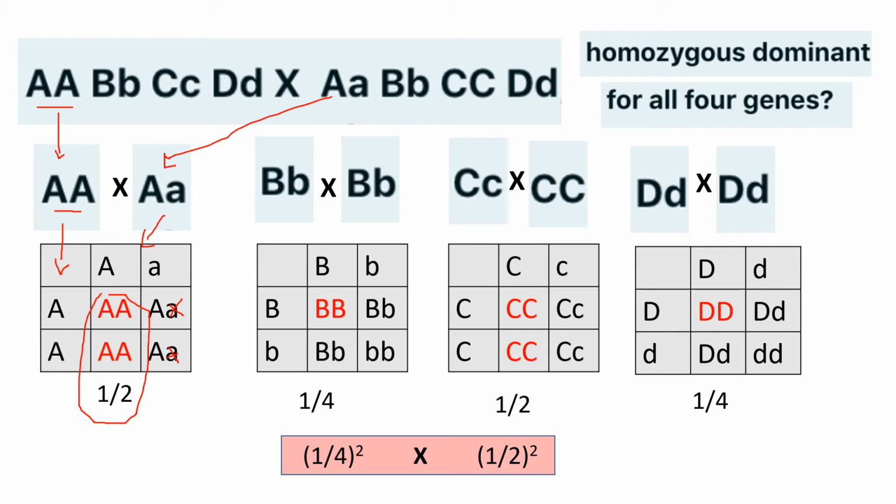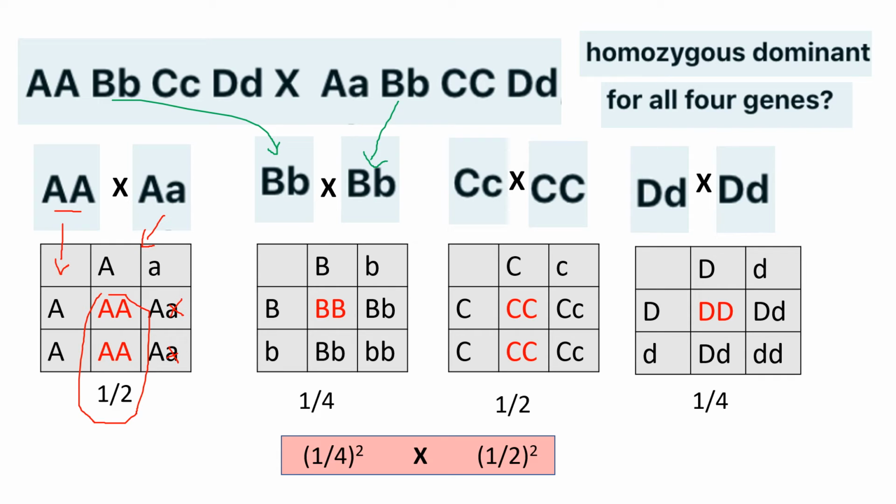Now we do the same thing with the other gene. It's pretty easy. You can start doing it when I delete this. Okay, I'm going to do it this time with green. Here you have a heterozygous again.